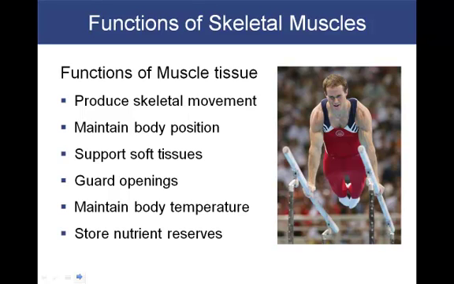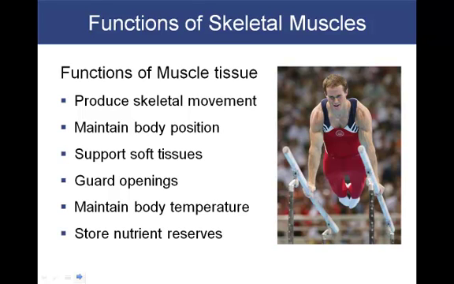Muscles are used to help maintain body temperature. As our body temperature drops below normal, skeletal muscles can be used to induce shivering, which through the contraction of those muscles, allows us to heat up. Heat is a byproduct of muscle contraction, and that can be used to help raise our core body temperature back into a homeostatic range.